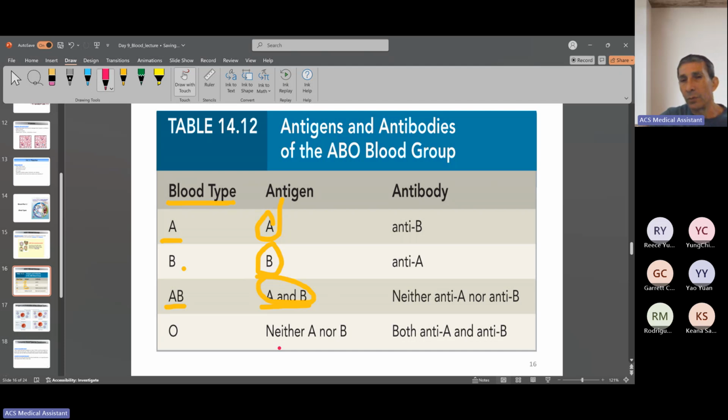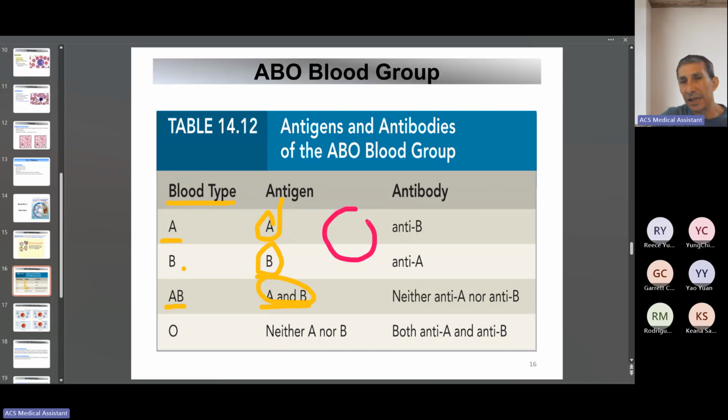For that reason, when we look at a cell under the microscope and we don't see anything over the cell membrane, then we already know that this is O type. But then what are we going to see inside?